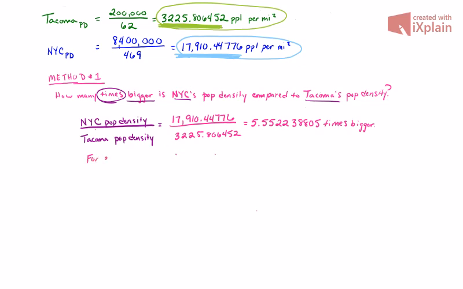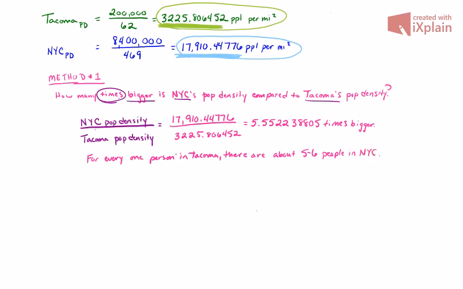For every 1 person in Tacoma, there are about 5 to 6 people in New York City.